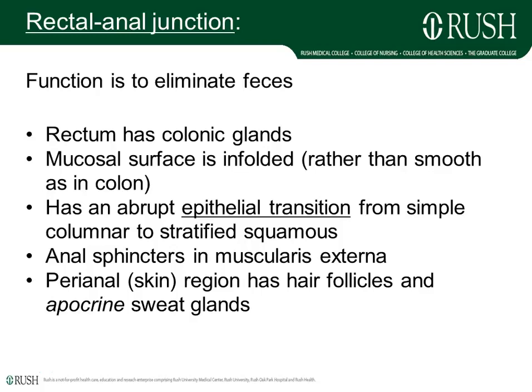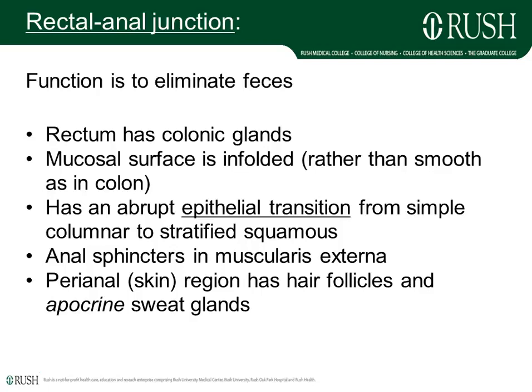The last region of the GI tract is the rectal anal junction leading into then the anal canal. So the main function here is to eliminate the feces or the undigested matter. The rectum has colonic glands, and the mucosal surface is highly infolded. Then, another one of those distinguishing features is that abrupt epithelial transition.